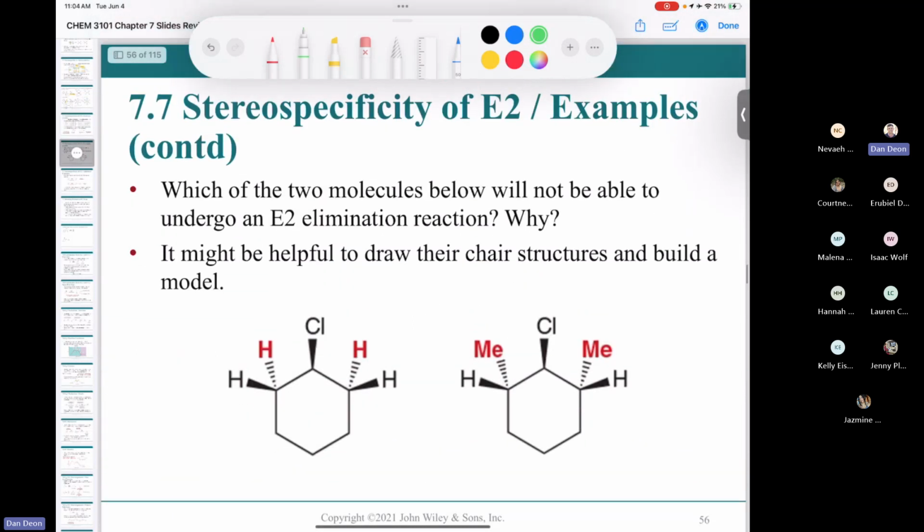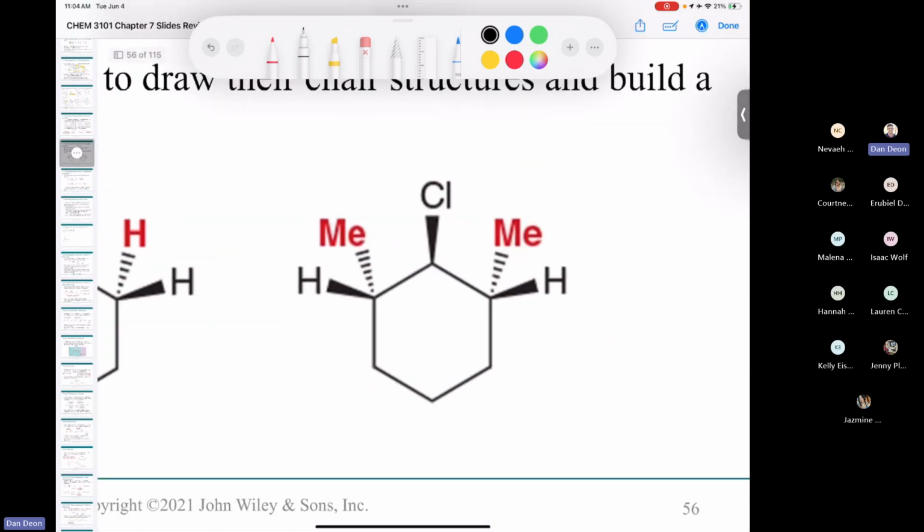So if you take a look at these two molecules, it says here, which of the two molecules below will not undergo an E2 elimination? Remember, in order for an E2 elimination to occur on a cyclohexane, the leaving group has to be axial, and the proton being abstracted has to be axial. Okay, so let's look at this molecule here.